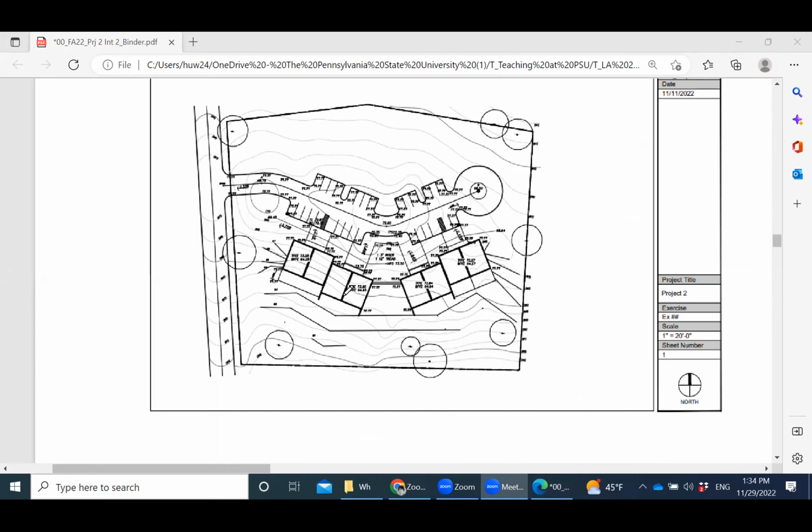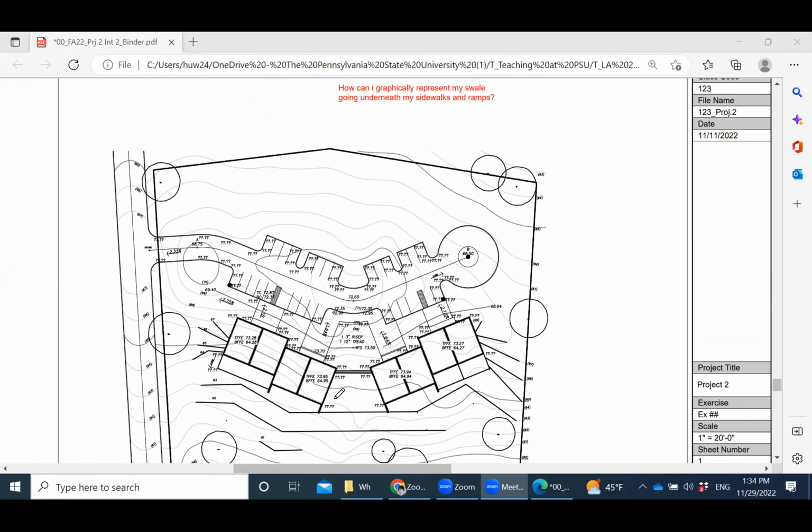So I'm not currently seeing parking lot contours. Let's work on that. TFFE, that feels like you have steps in all of your units.